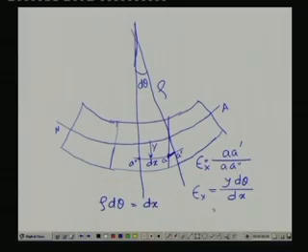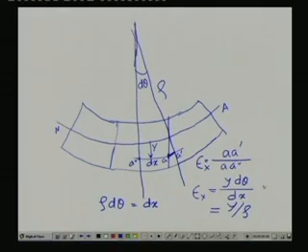Obviously, if we substitute, d theta by dx comes out to be equal to y by rho. Now, this gives us a simple idea that epsilon x, or the strain of the fiber, comes out to be equal to y by rho.